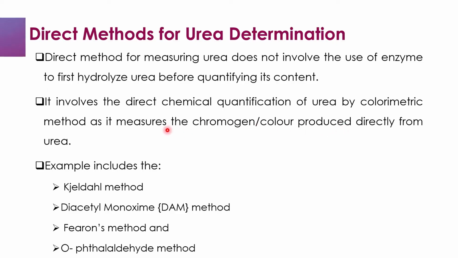Examples of the direct method for urea determination include the Kjeldahl method, the diacetyl monoxime method, the Fearon method, and the xanthydrol method.